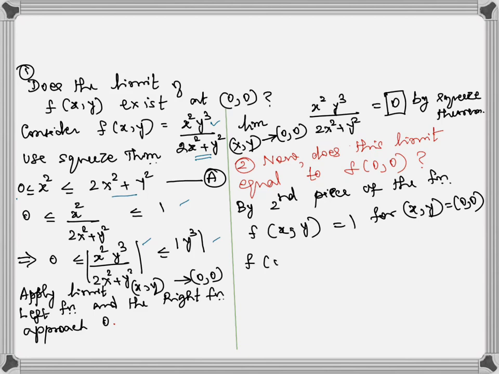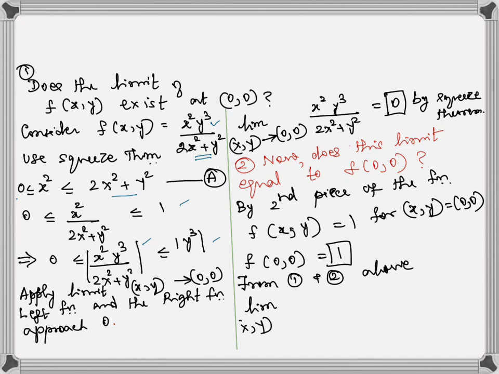So the limit value that we arrived at in step 1 is not the same as the functional value. So f is not continuous at the origin. It is continuous everywhere else.